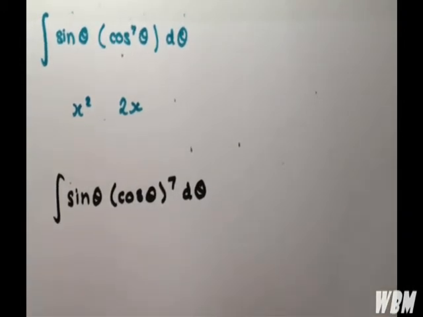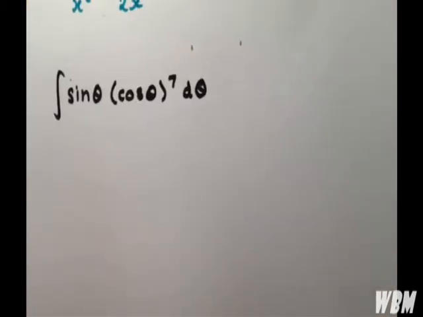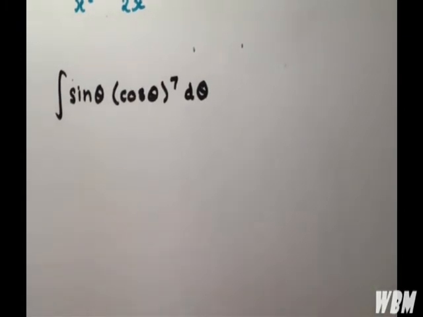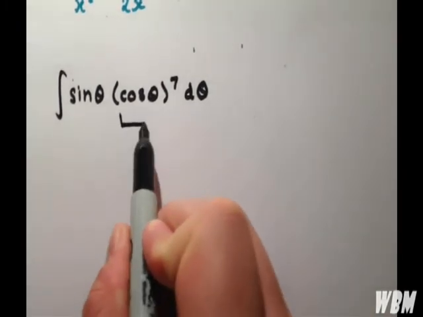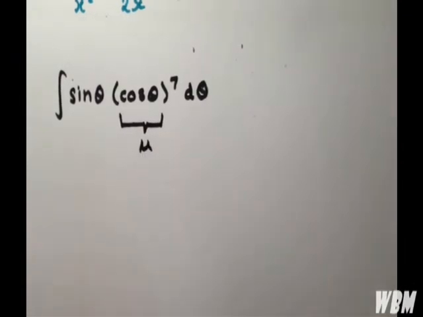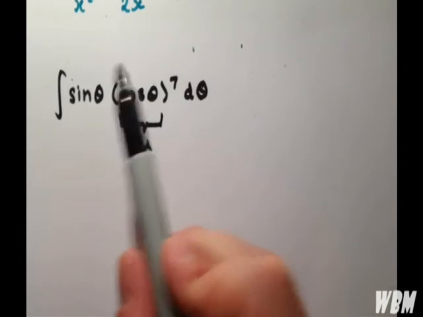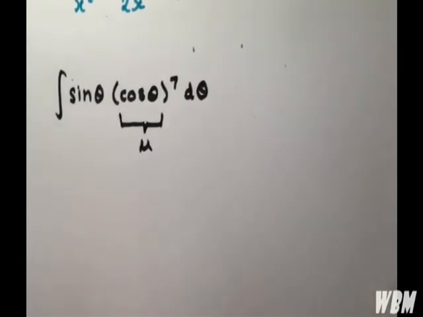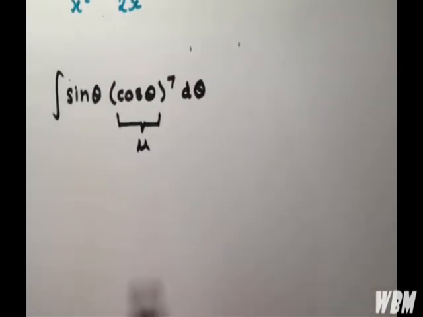Now, what you notice here is that we have a more familiar looking equation. We can consider this as the u term, cos theta, because cos to the 7 theta is a whole different kettle of fish to differentiate.